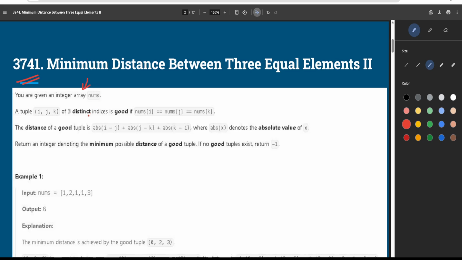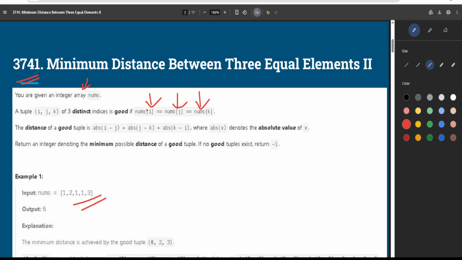You are given an integer array nums, and you need to pick three indices i, j and k. At i, j, k there will be some elements, like nums[i], nums[j], nums[k].